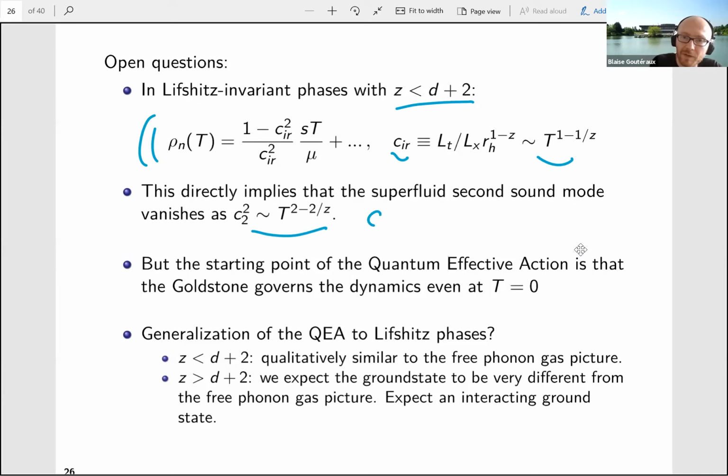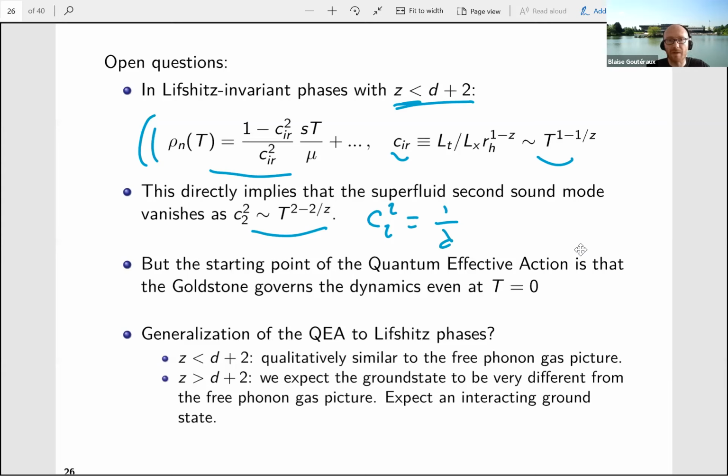Now you may remember that in the Landau case, we had a non-vanishing superfluid second sound mode. So although it seems that the formula is the same as the one that you would establish using the description in terms of a gas of free phonons at 0 temperature, somehow the consequences for these Lifshitz phases are pretty different.